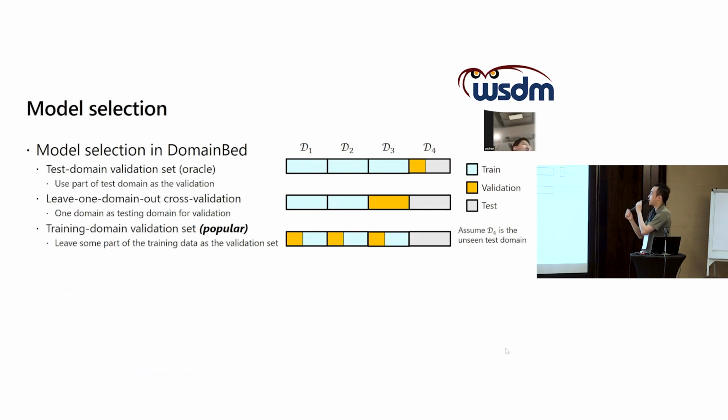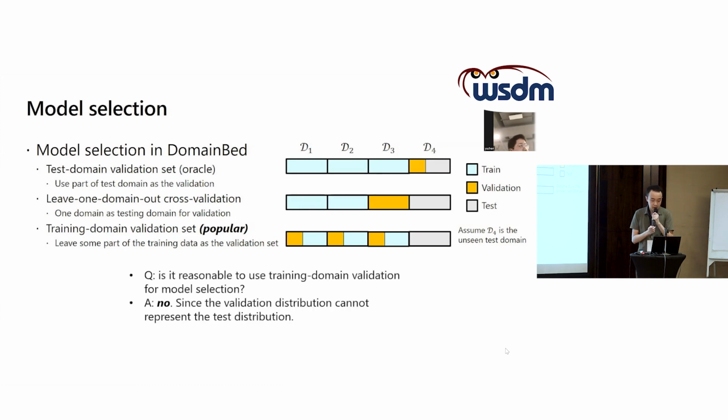For example, we can use the test domain for validation, and we can also apply leave-one-domain-out, which is actually one of the standard techniques when choosing models in the machine learning community. The last one is where we consider the training domain and also the validation set. Here are visualization examples I show, so how these 3 different techniques differ.